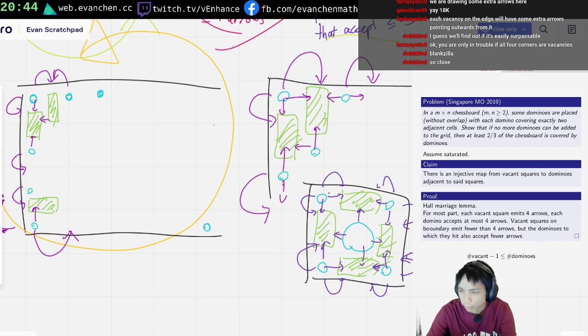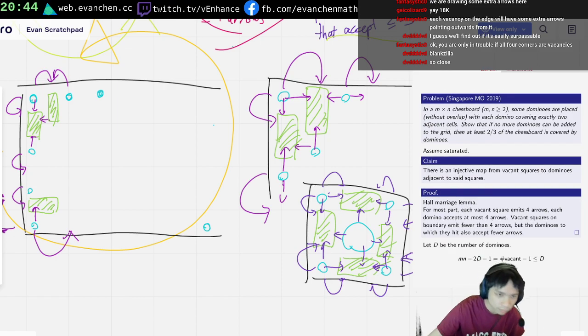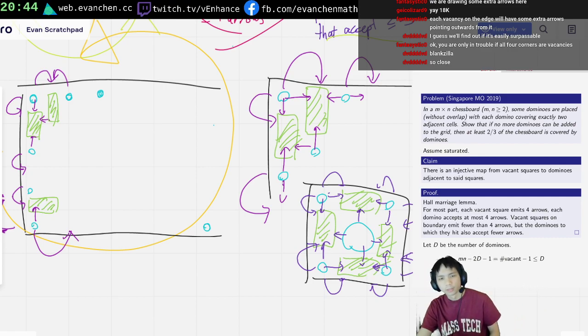I'm gonna let D be the number of dominoes. So mn minus twice D minus 1 is at most D. So the number of dominoes is at least (mn minus 1) over 3.